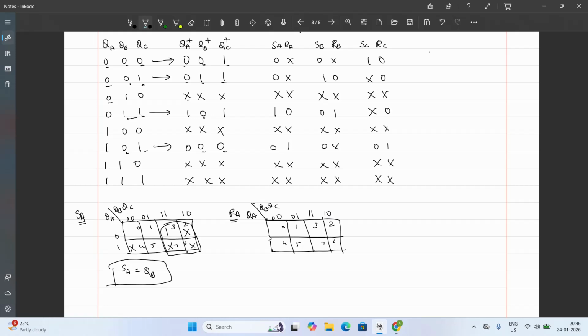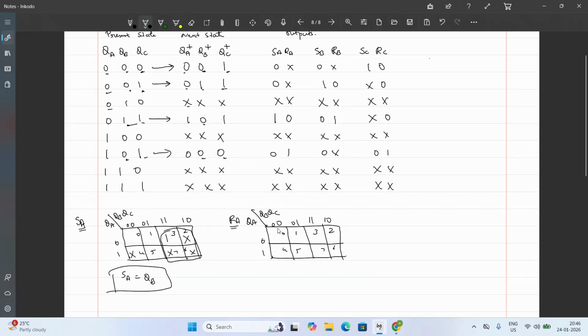For RA, you have 0, 1, 2, 3 is not there, 4, 5, 6, and 7. So here you can take either this as a quad or you can also make this as a quad. Two options are there for you. I'll be using this as the option. So my RA value will be QA.